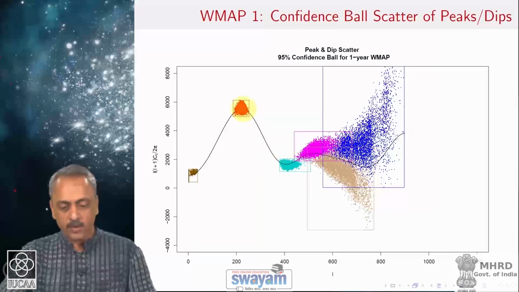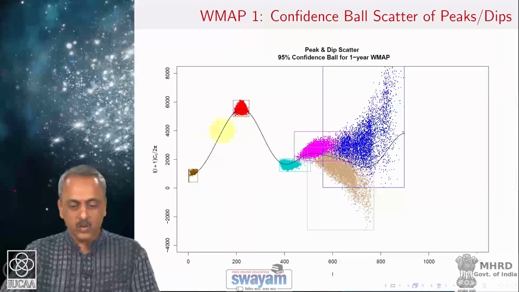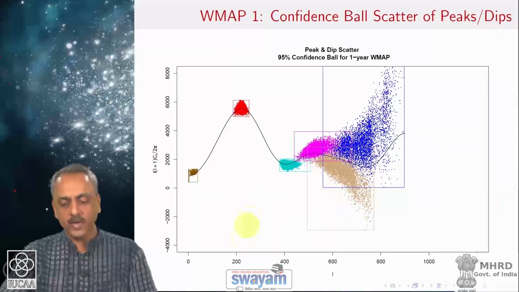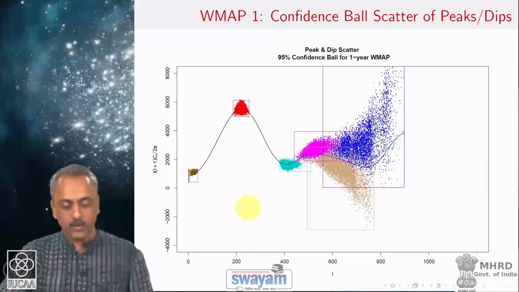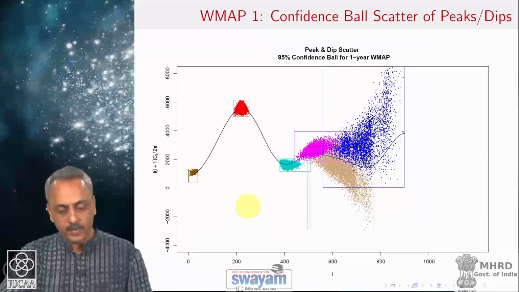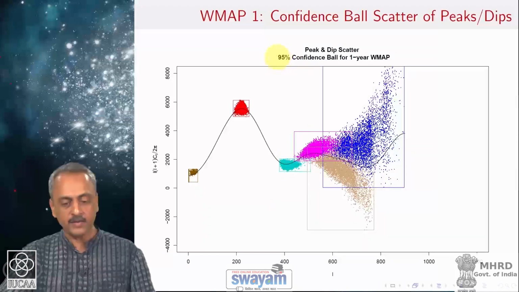Each color represents one peak or a dip, and each point here, for example this point, represents one power spectral variation in which the peak height was this and the peak location was slightly less than around 200 maybe. So, these scatters give you an idea about how the peak and dip locations and heights are distributed inside the confidence set at a particular level of confidence.